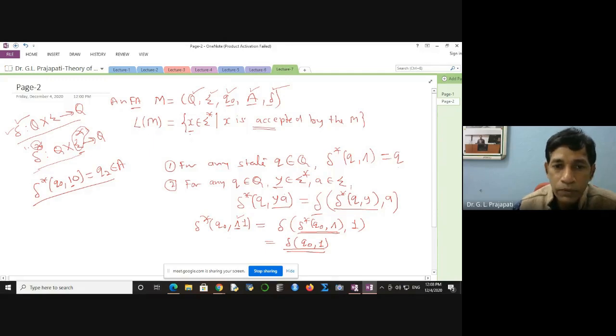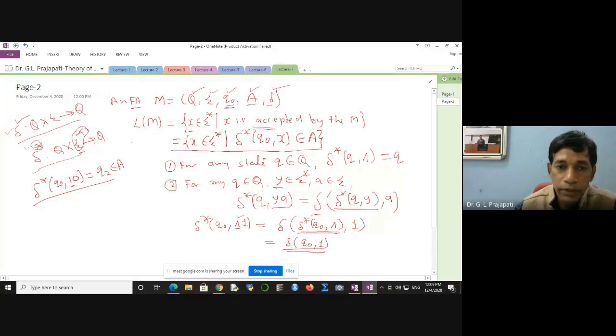So you can define the language accepted by the machine like this: it is the set of x taken from sigma star, such that starting from the initial state of your machine q0, on receiving the input x, your machine must go to a state in A, the accepting states. Your machine must go to any one of the accepting states.